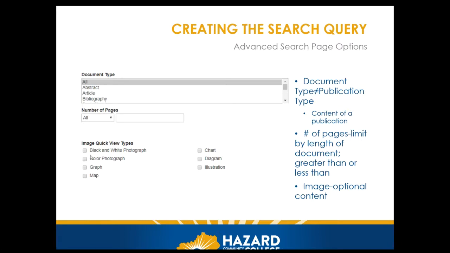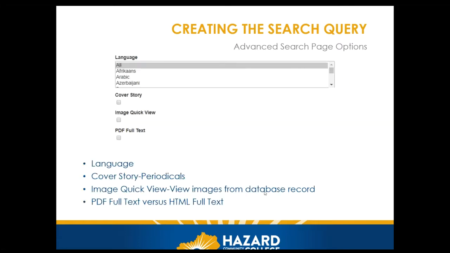And then the image quick view types. This is just going to allow you to search if there are images available within the journal articles or the periodicals that you're searching. You're going to be able to select that from that area. Language, you'll probably select English, but if you have a different preference, you would go through that and select your preference.